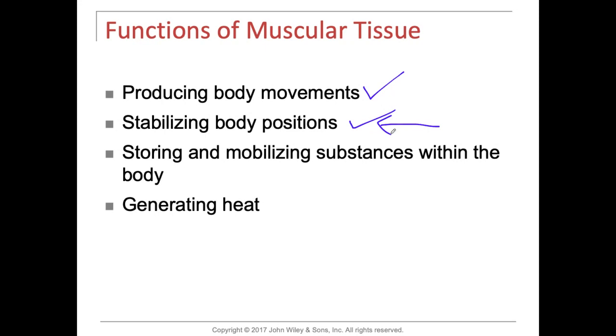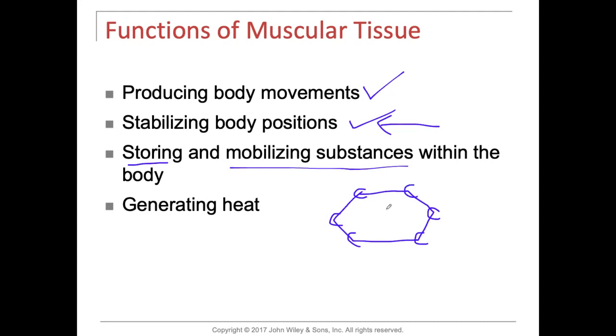Muscles have the ability of storing substances and even mobilizing substances within the body. One of the things that it can store is glucose. We know that glucose is this 6-carbon sugar, right? 1, 2, 3, 4, 5, 6.